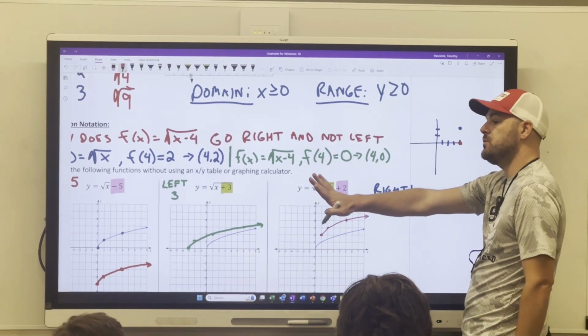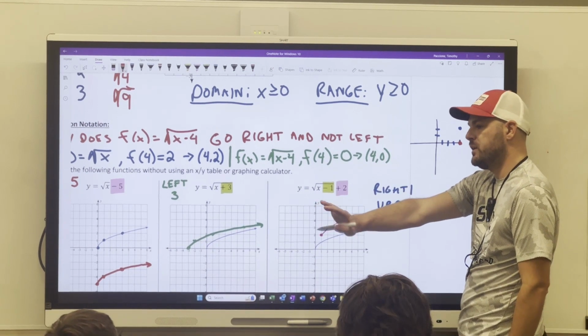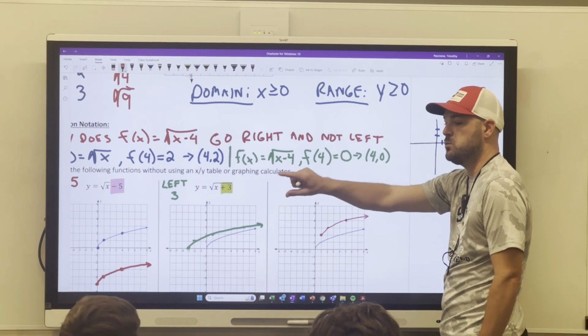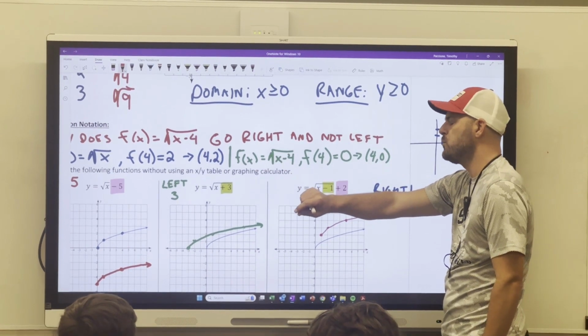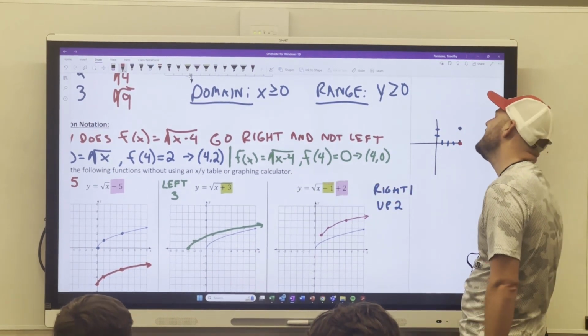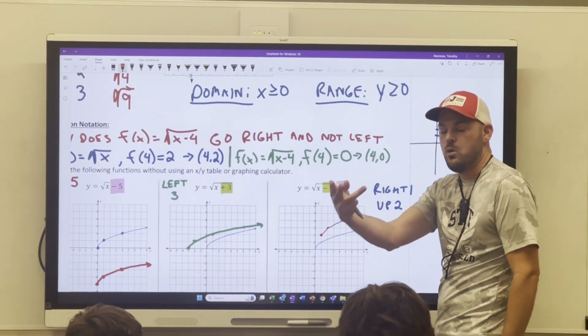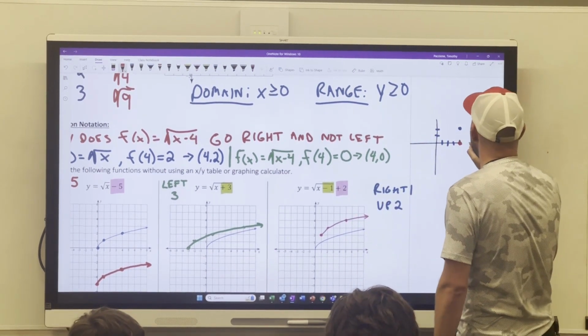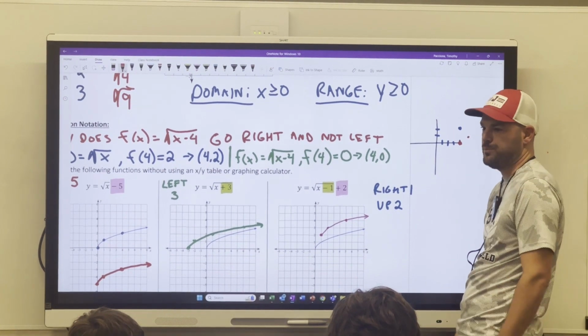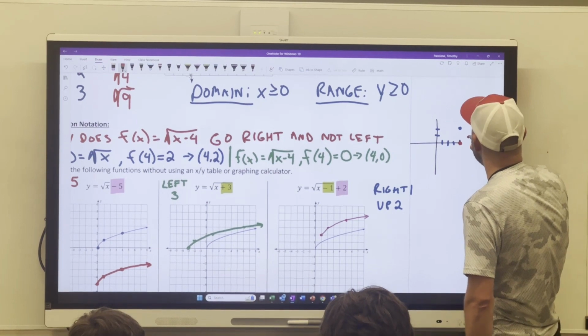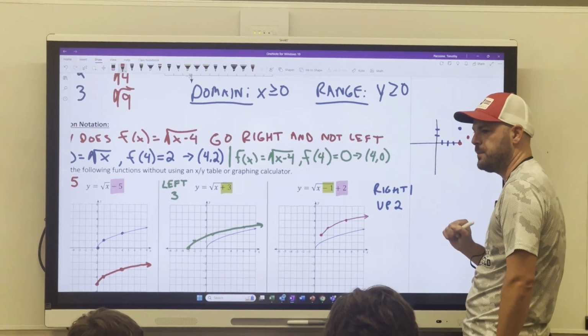If I put in 5 to this function, 5 minus 4 is 1. The square root of 1 is 1. So I'd have the point 5, 1. Right? It's up 1 over 1, right?